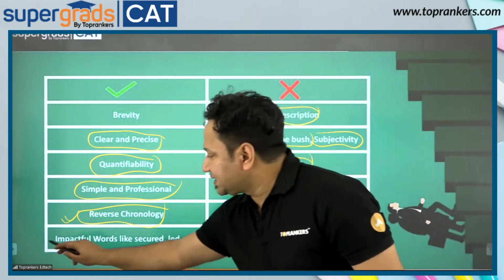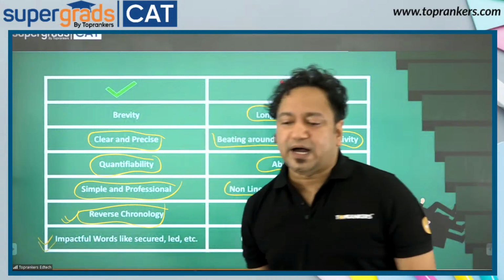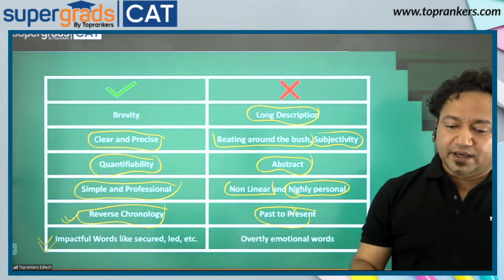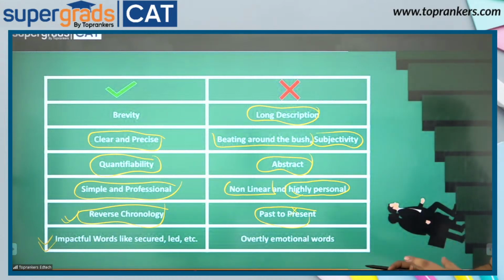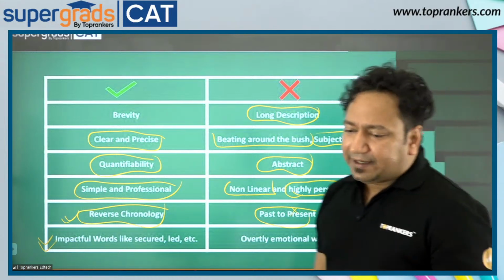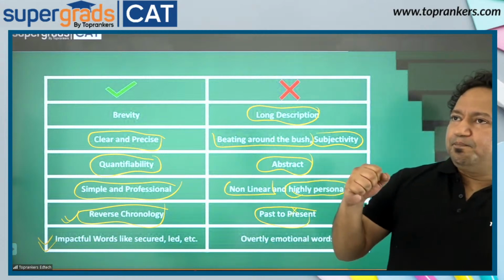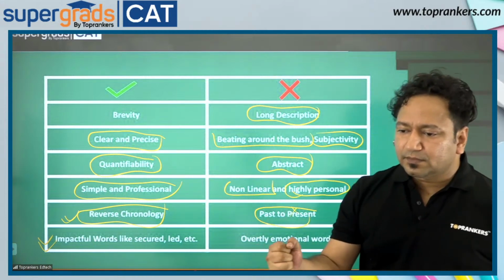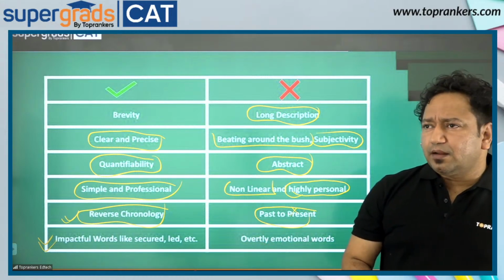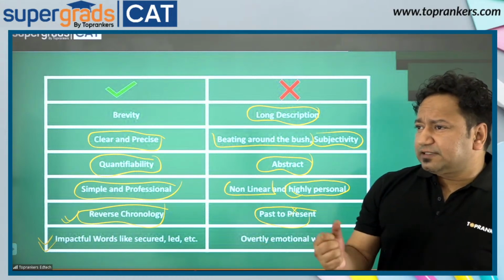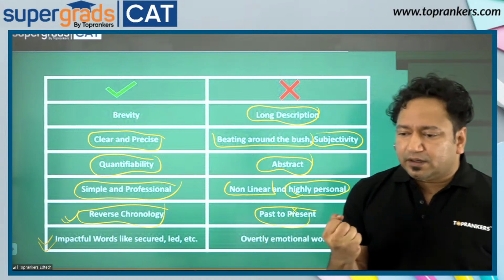Impactful words. This is going to be the most important part of your SOP writing. Impactful words like secured, led, coordinated, cooperated, or the words which have got a kind of action in it.